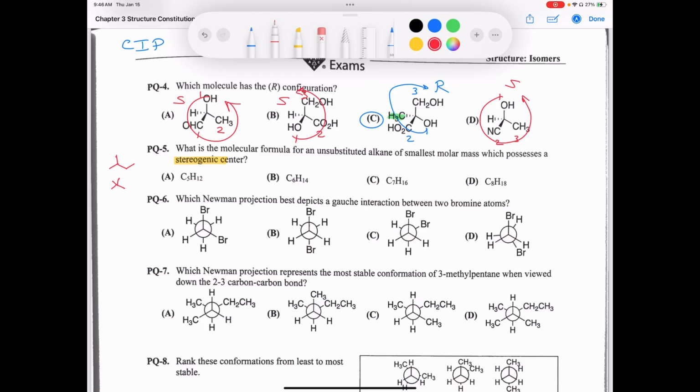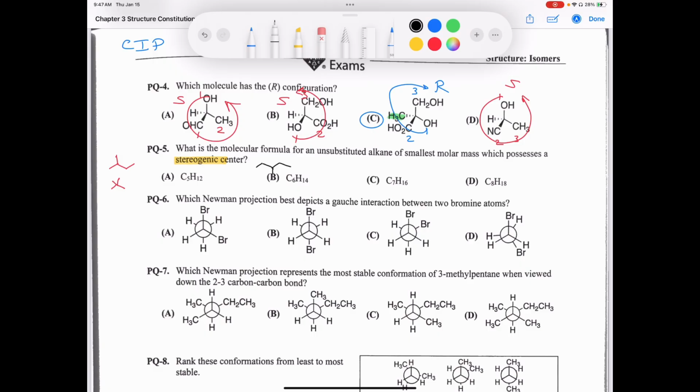So there's no chiral centers there. If we go to B, maybe I'll use my black pen for B. So we have 1, 2, 3, 4, 5. And then if we add a carbon here, if we have 2-methylpentane, that doesn't have a chiral center. And if we put the methyl group here to make 3-methylpentane, that doesn't have a chiral center either.